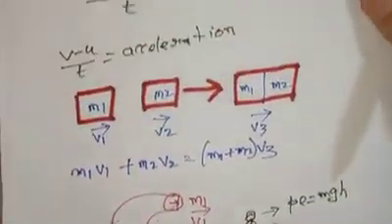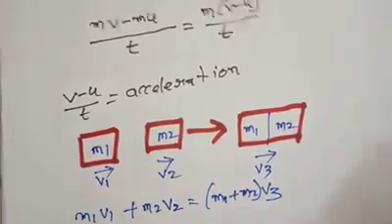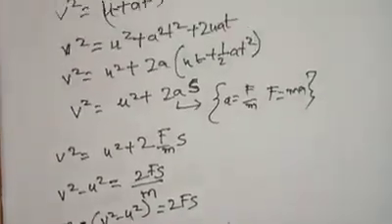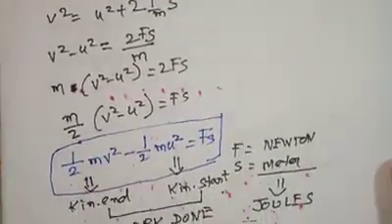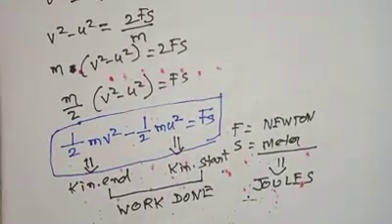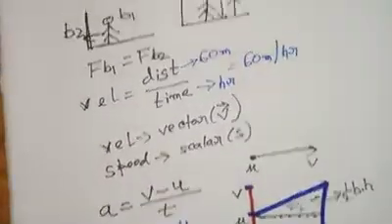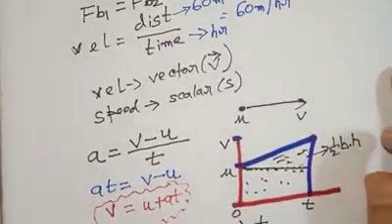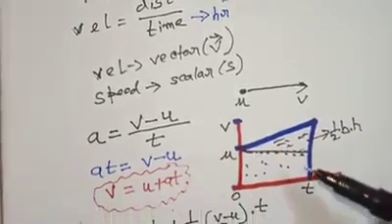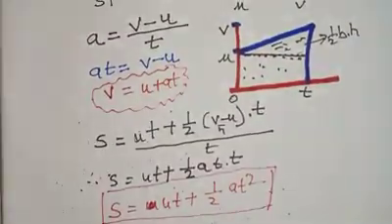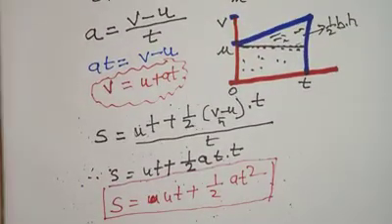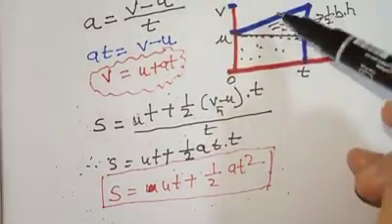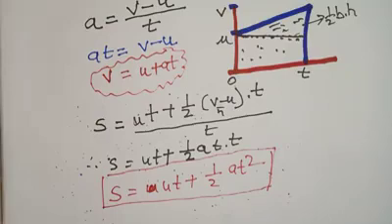This is the concept of momentum, where we have seen the law of conservation of momentum. This is how we arrived through different calculations at work done, and how we can deduce it. We started with force equals mass times acceleration, and calculated the distance from the rectangle and this part.